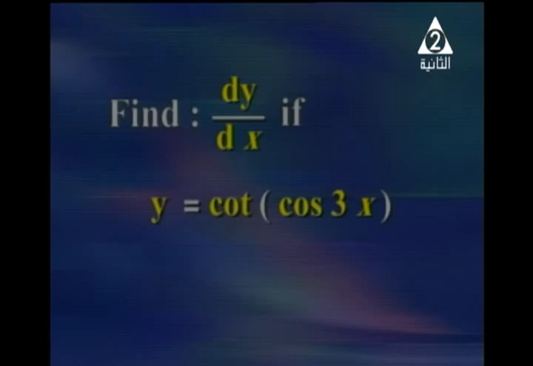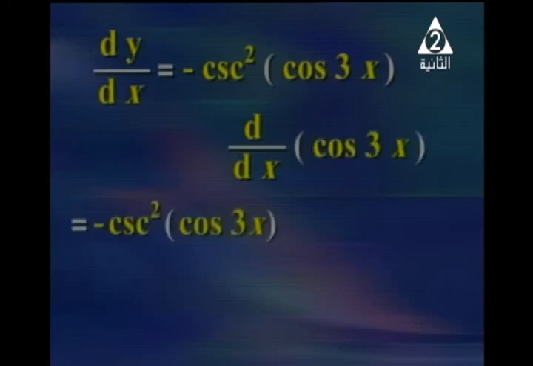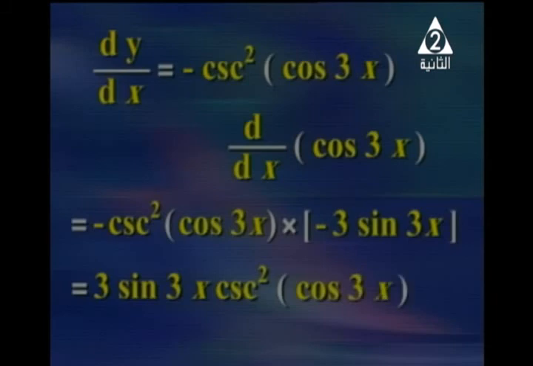Remember, dear student, dy over dx equals negative cosec power 2 cotan 3x times differentiation of cotan 3x. Why? Because we have cotan 3x.